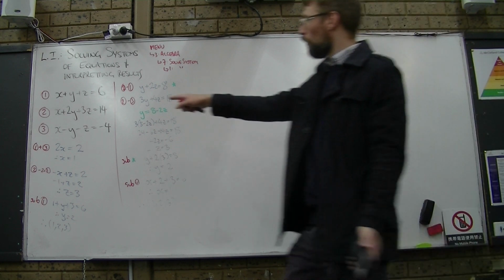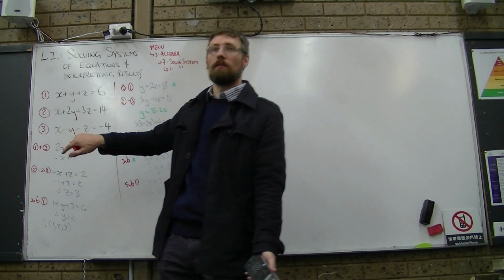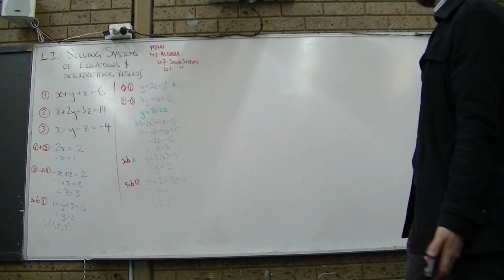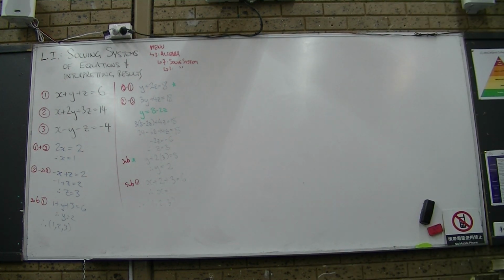Yeah, because you've got 2y and 3z. Oh, no, it's 3 times negative y times negative z equals negative 4. What? Okay, I know what you've done. Go.